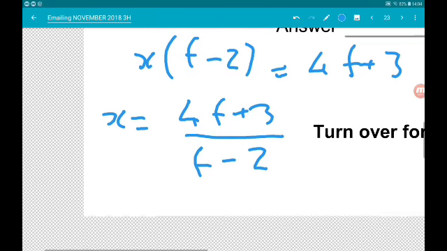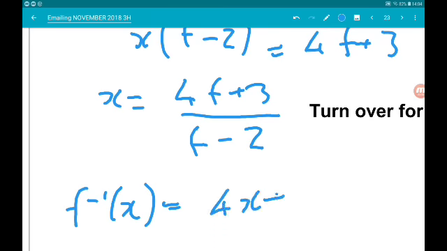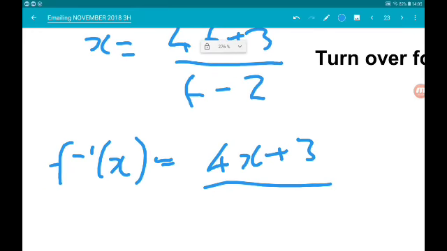And now the final step, the x now becomes f inverse and the f's become x. So we get f inverse is 4x add 3 over x minus 2. Boom.